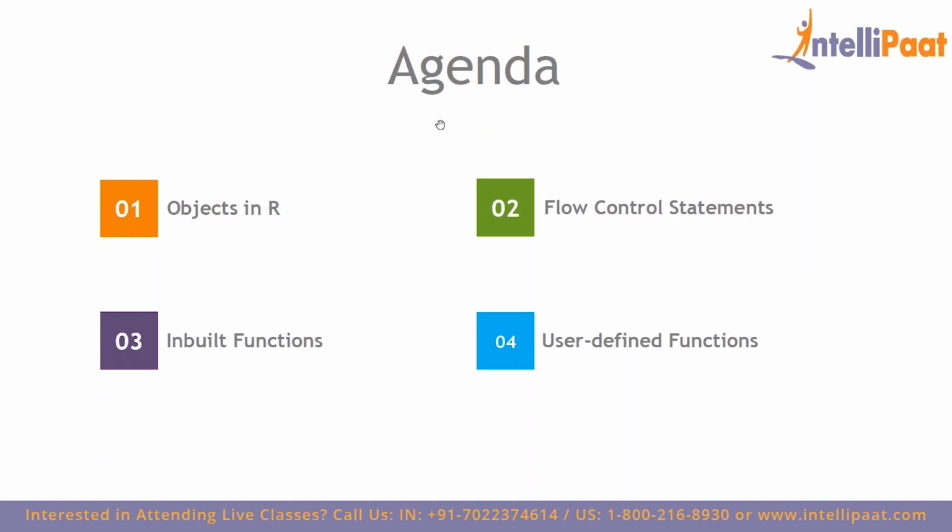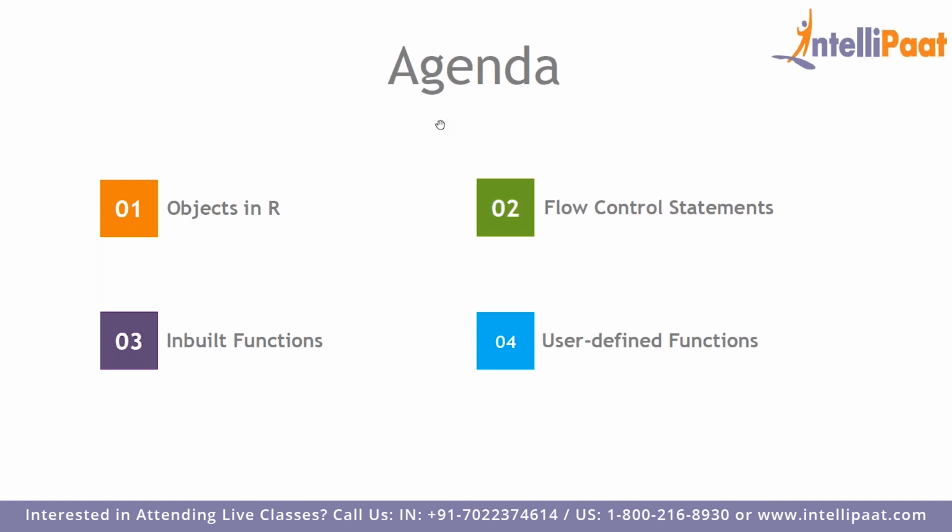These are all derived from the traditional programming languages. Most of the objects are similar. So we'll go through objects, then flow control statements. Flow control is more about something like if, else, case, when, or maybe for loops, while loops, right? Although you would not need the loops a lot for the statistical analysis, it's a good to have thing, right?